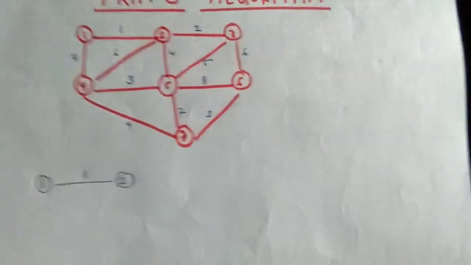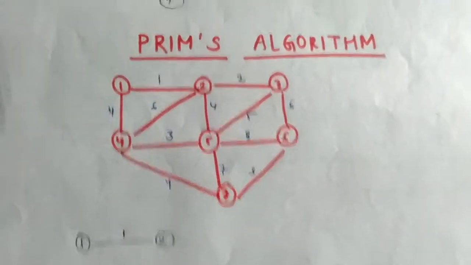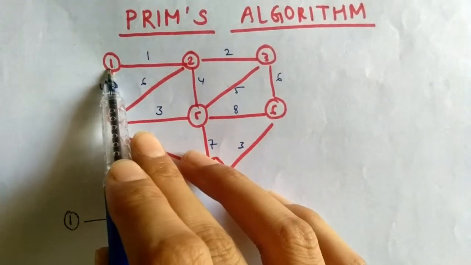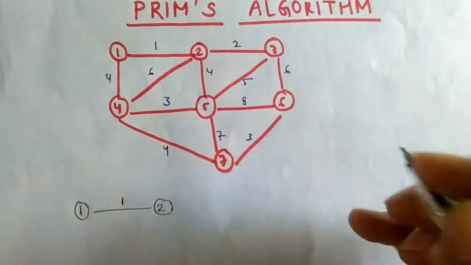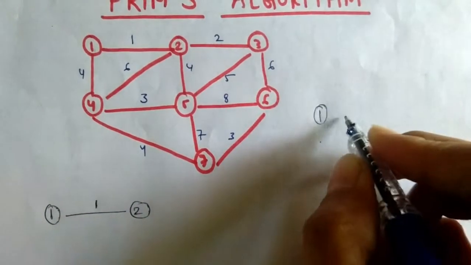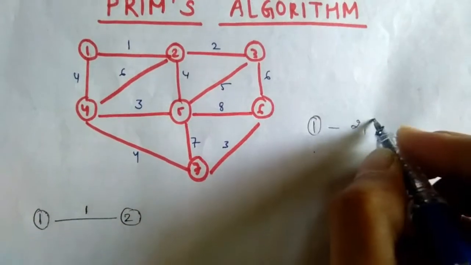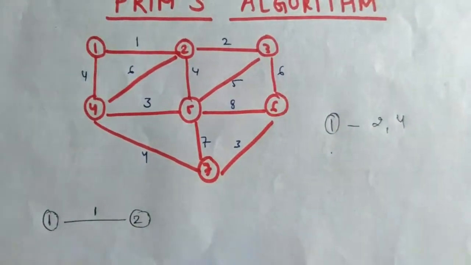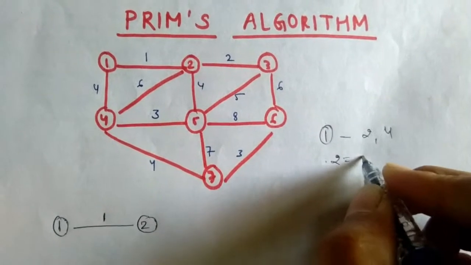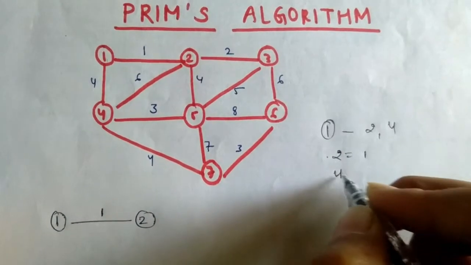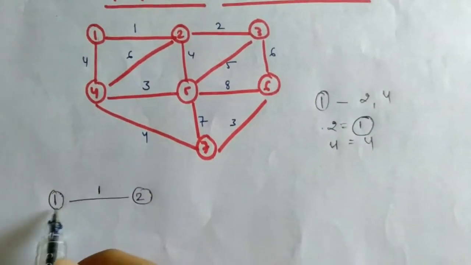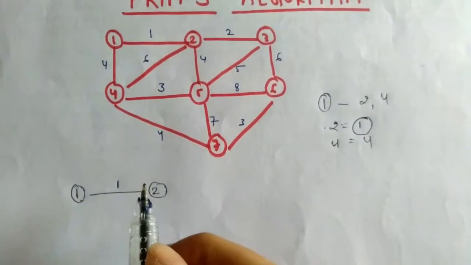Now we can see that the vertices connected to the vertex 1 are 2 and 4. So we will see the minimum weight. The weight of 2 is equal to 1, and the weight of vertex 4 is 4. So the minimum weight is of 2. So we will connect the vertex 1 with the 2.